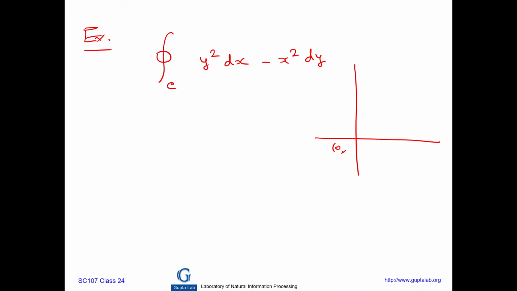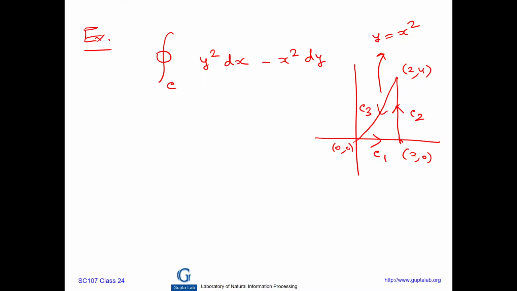Starting from 0, 0, somewhere there is a point 2, 0, and somewhere here. So this is your C1, this is your C2, the point is 2, 4, and this is C3. And actually this curve is nothing but y is equal to x square.